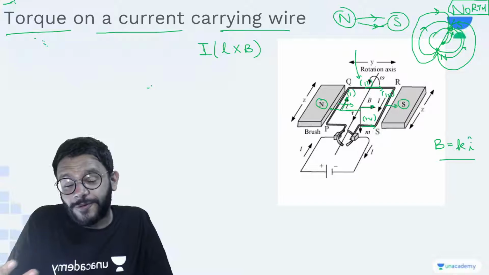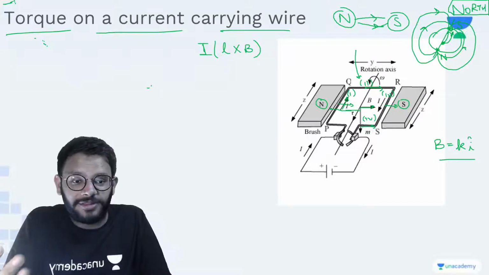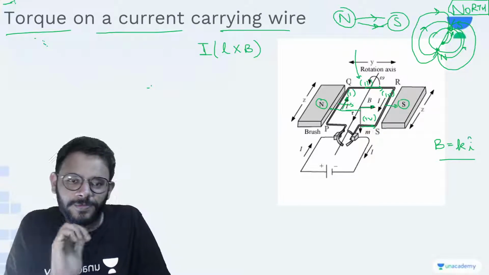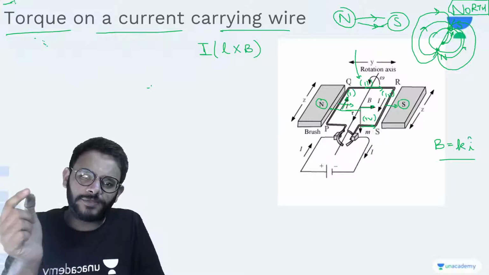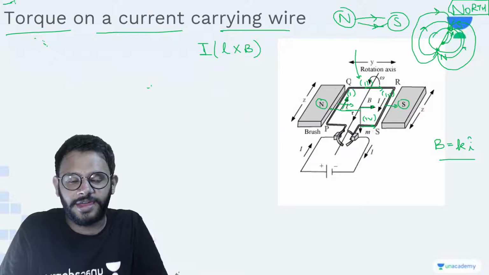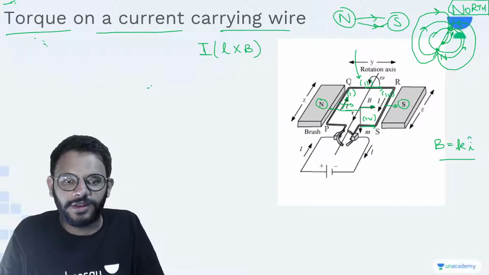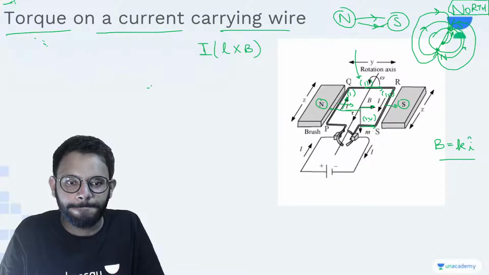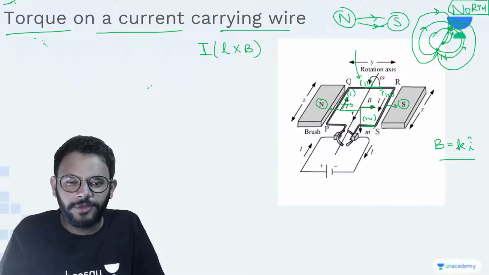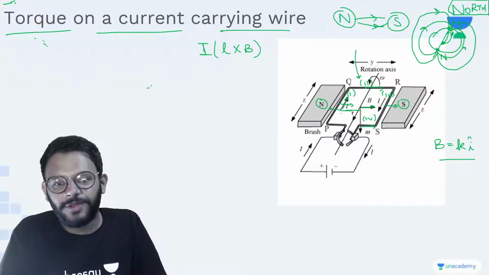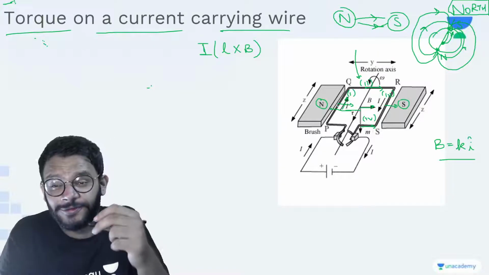So current is going to flow through my wire 1, and that is going to be, so it's going straight. So let's just say that it is in the Z direction. So over here they are saying that this is Y. So it doesn't really matter, okay? We only need to find the direction of the force.